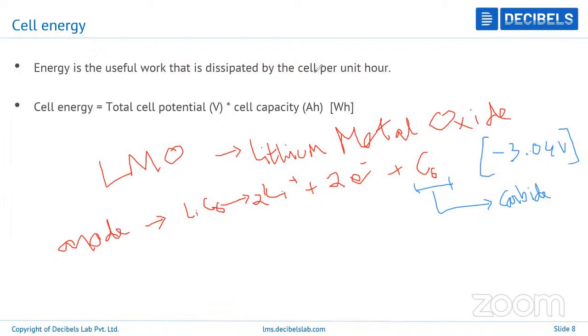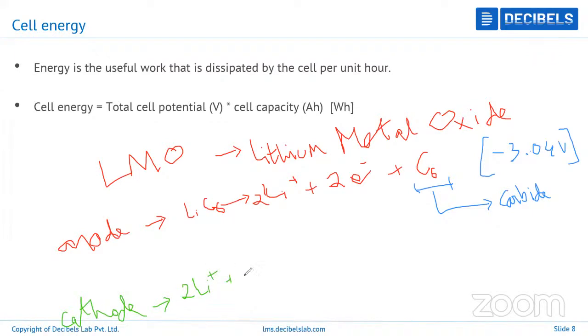And at the cathode, here we'll write the cathode reaction. The cathode will be a reduction. The same lithium ions that were given out from the oxidation reaction will be used here.